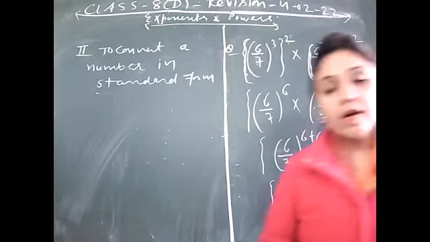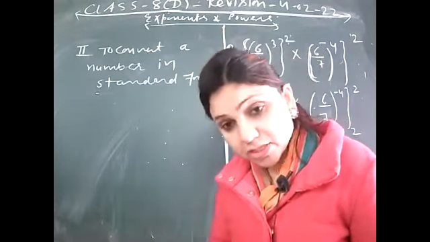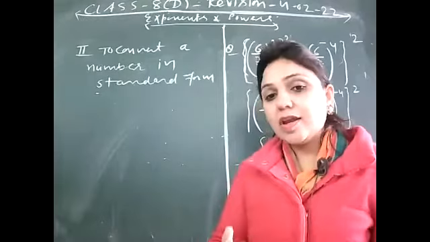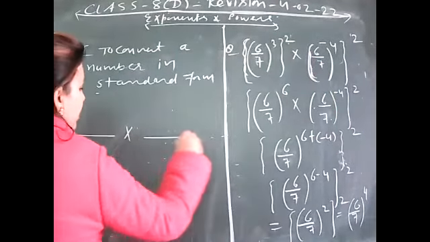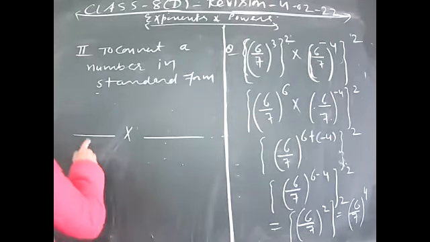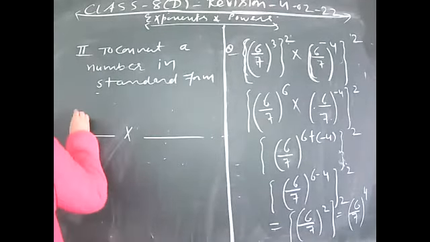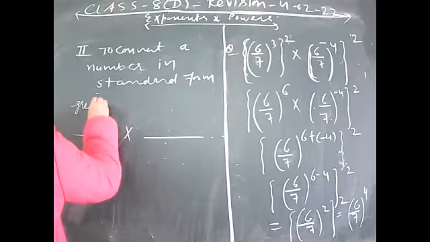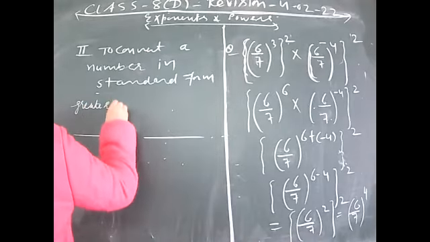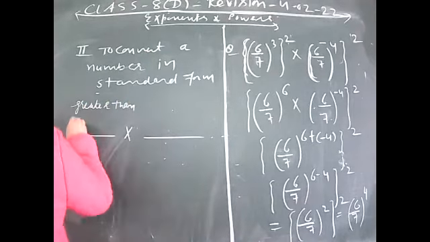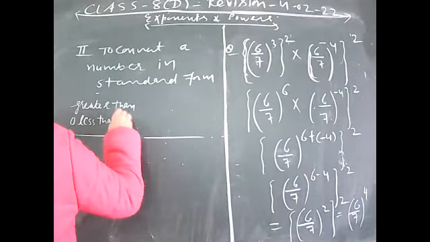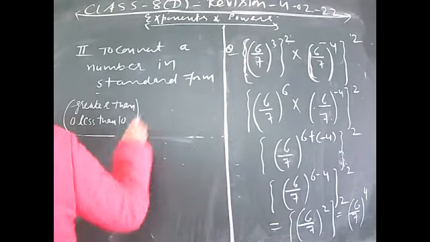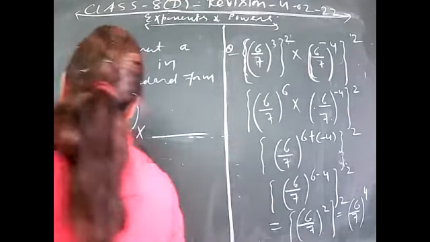I told you earlier, whenever we are converting a number in the standard form, it contains two parts: something multiplied by another thing. The first part is a number greater than 0 and less than 10.